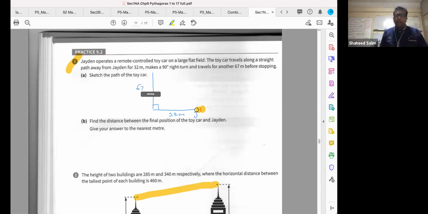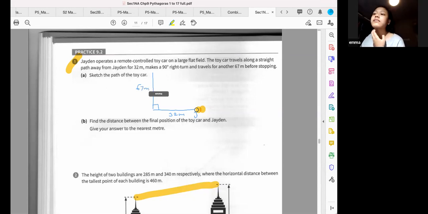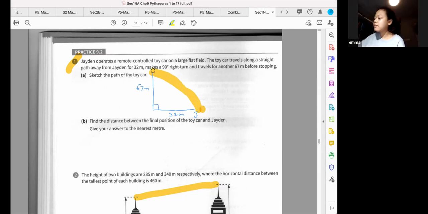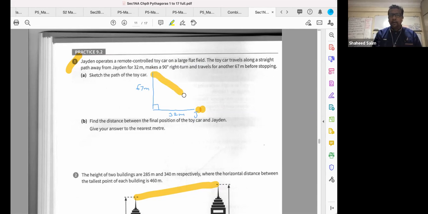Okay, well done. So they say find the distance between Jaden and so they are looking at this line here. This is supposed to be the shortest path, not curve. This is supposed to be a straight line.